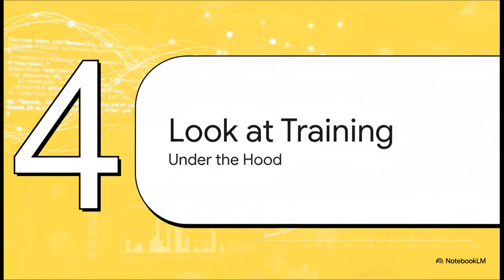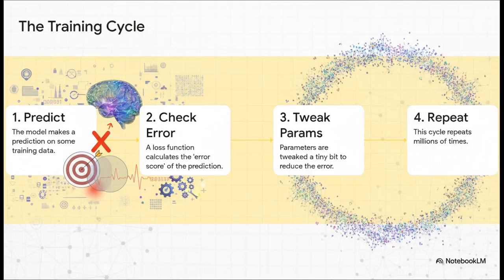So what actually happens during that heavy, slow training phase? Come on, let's take a quick peek under the hood and find out. It's actually a pretty simple but incredibly powerful loop. First, the model looks at some data and it makes a guess. Then it checks to see how wrong its guess was. We call that the error score. Based on that score, it just tweaks its internal knobs, those parameters, just a tiny bit to be a little less wrong the next time.